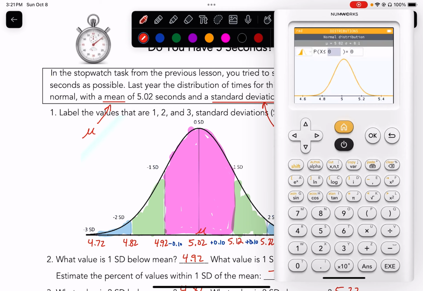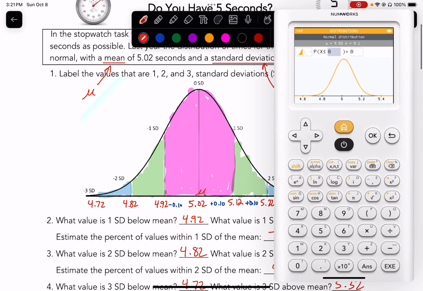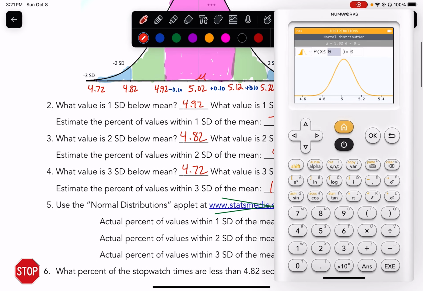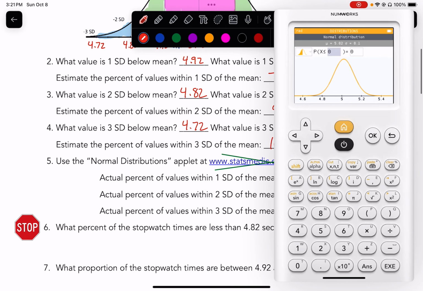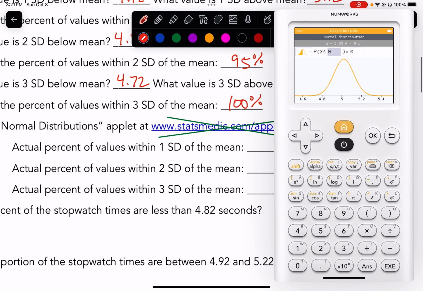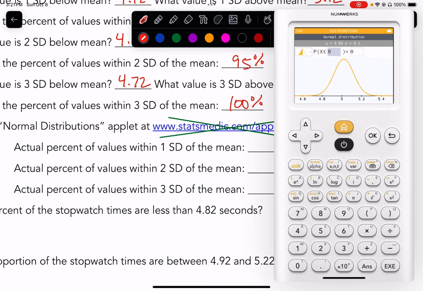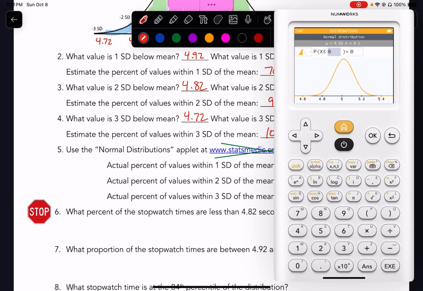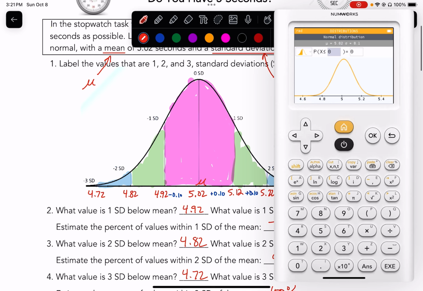And it's going to take us to this page. You'll notice it has a graph that looks very similar to ours. The x-axis down at the bottom is a little bit different, right? We labeled ours a little bit differently, but that's okay. And so what it wants us to know is what is the actual percentage of values within 1 standard deviation of the mean. So within 1 standard deviation would be this pink area here.